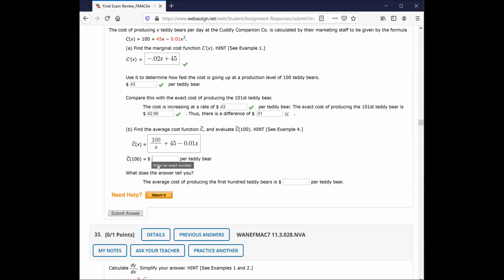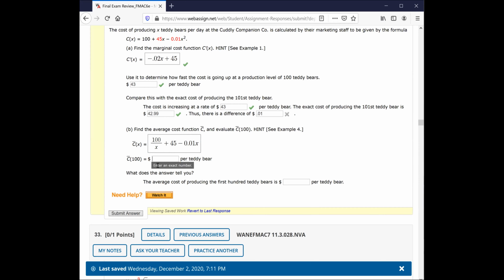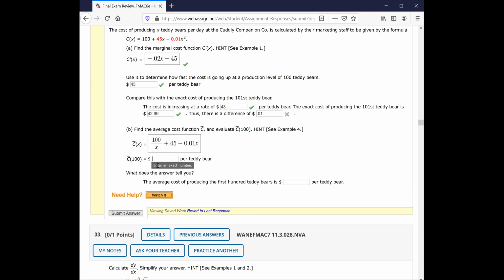$47. Okay. And the average cost of producing the first 100 teddy bears is $47 per teddy bear.